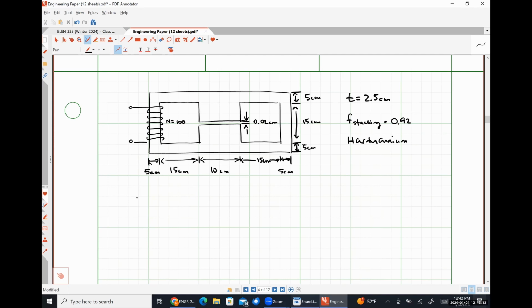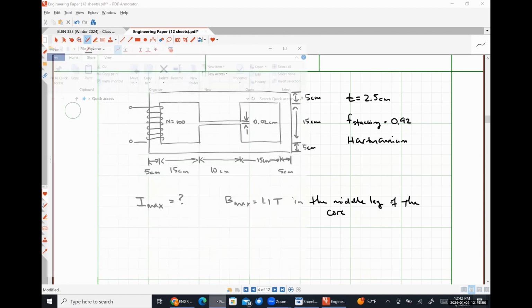And we are trying to find the amplitude of the required coil current, I max, in order to achieve a magnetic flux density of B max equal to 1.1 Tesla in the middle leg of the core.